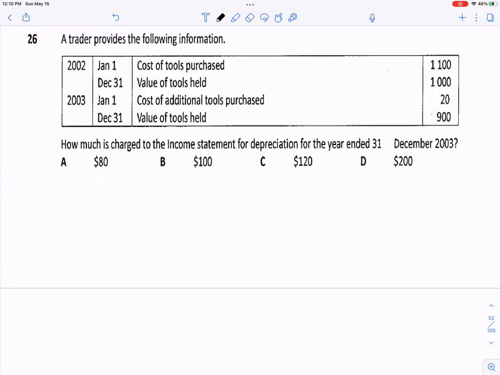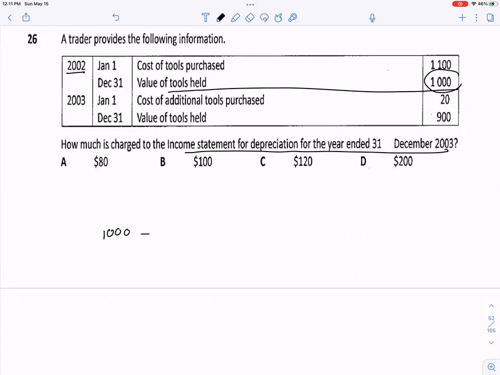How much is charged to the income statement for depreciation for the year ended 31st December 2003? What was the opening value of loose tools? 1,000.